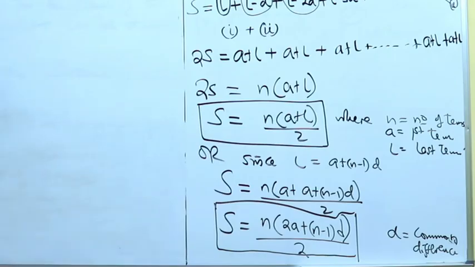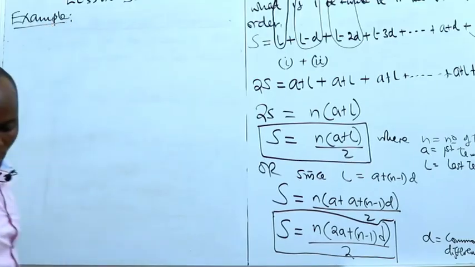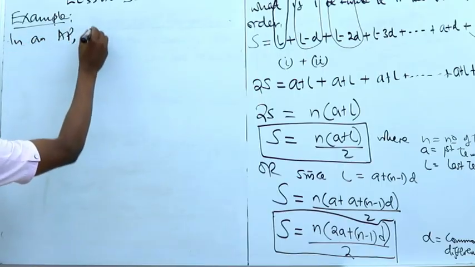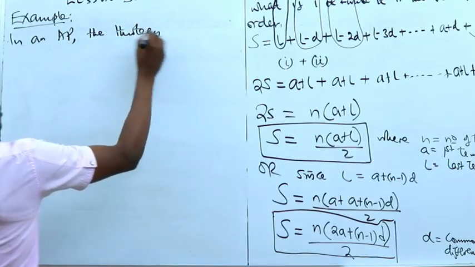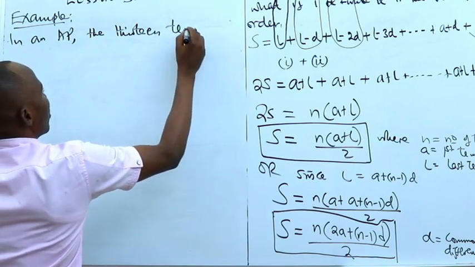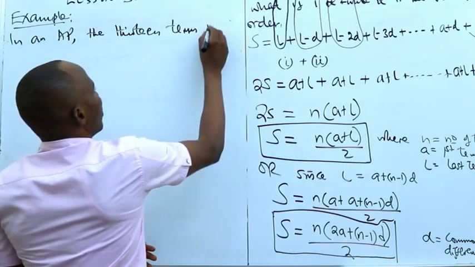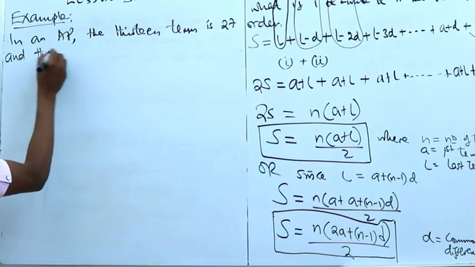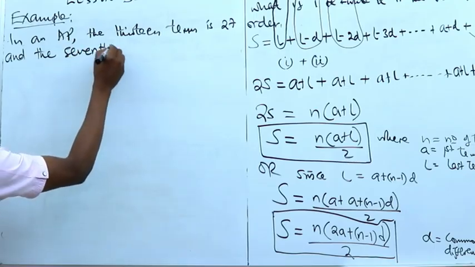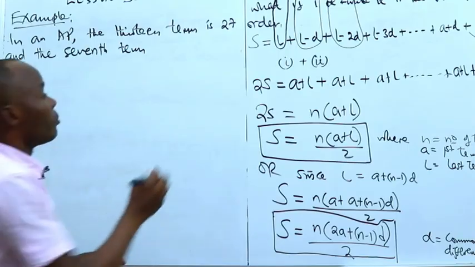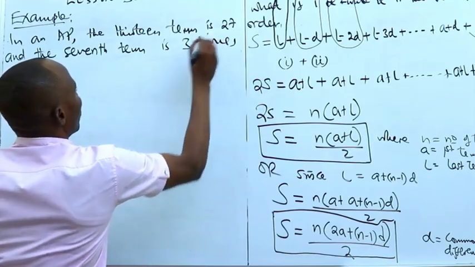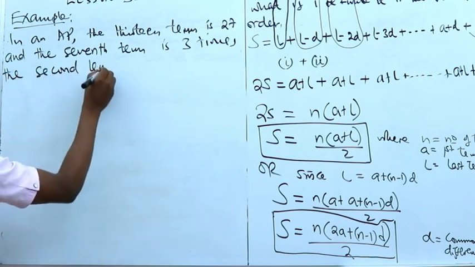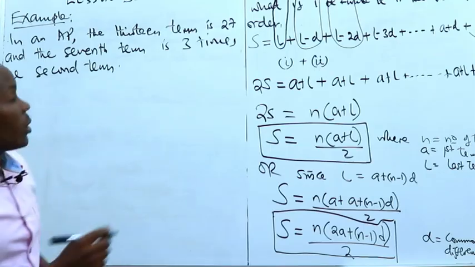Example. In an AP, the 13th term is 27, and the 7th term is 3 times the second term.